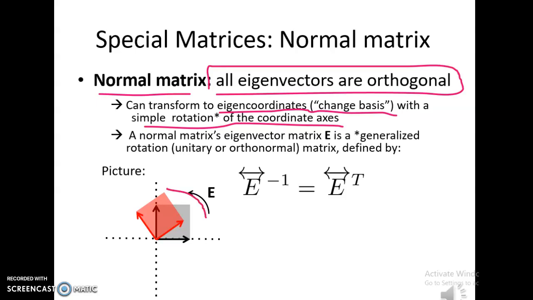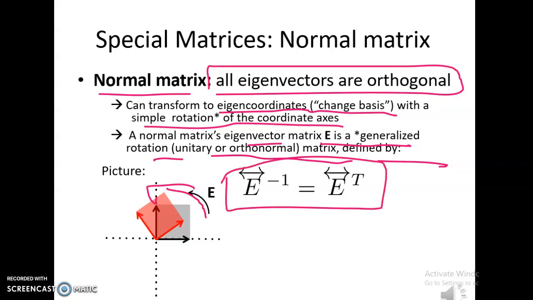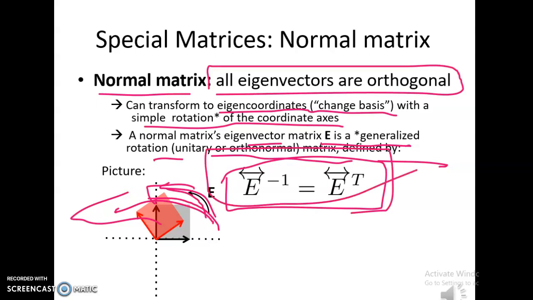Like this picture showing. For a normal matrix, the eigenvector matrix E is a generalized rotation, a unitary orthonormal matrix, defined by E inverse equals E transpose.